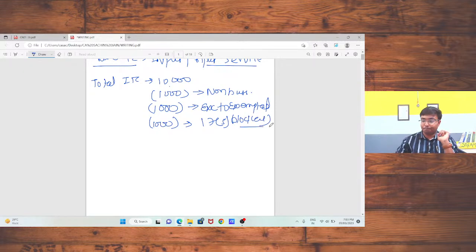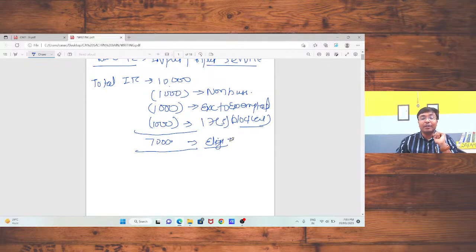So 7,000 rupees is your eligible input tax credit which is credited to your electronic credit ledger, because under section 17 subsection 5 you are not able to claim the input tax credit. The input tax credit related to your exempted supply or non-business purpose, you are not going to claim, so that input is not credited in your ECL. But the input which is credited in ECL is 7,000 rupees.